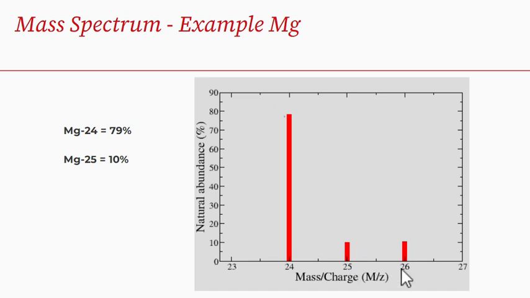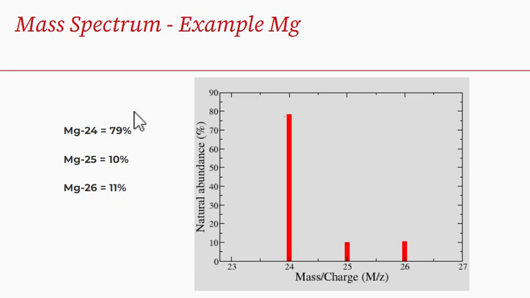And then we look at magnesium 26, and it's a little tiny bit taller than 25, so we'd say it's about 11%. And with that, just reading the chart, we have found our natural abundance of the three different magnesium isotopes.